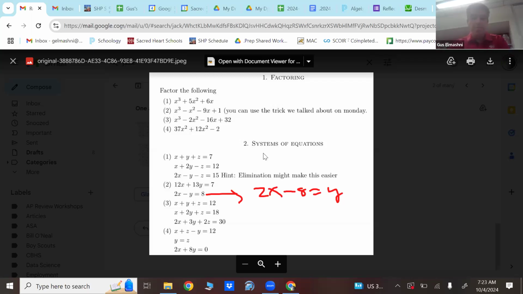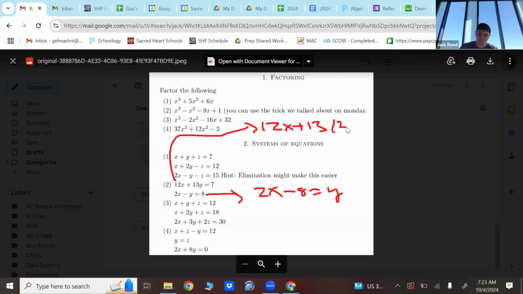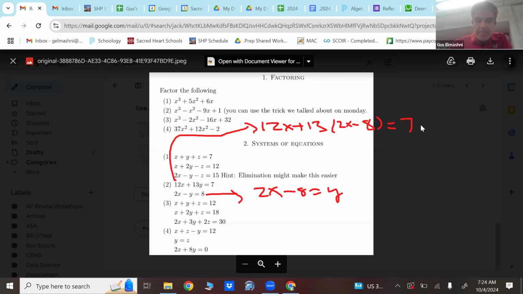What you want to do is substitute into 12x. So you might want to write this out. Do you have some paper? Because it'll be good for you to do the arithmetic. So this equation, let's solve that now.